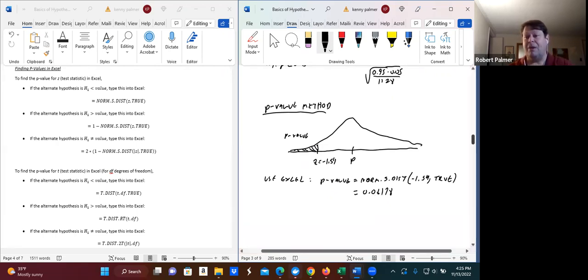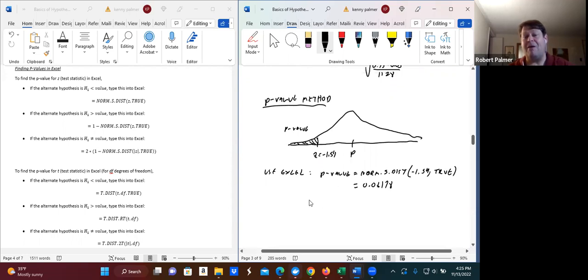Now, the last thing we do is compare that to alpha. So here our p-value, what can we compare to alpha?